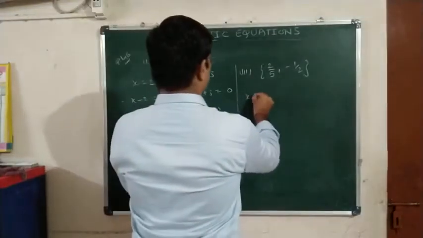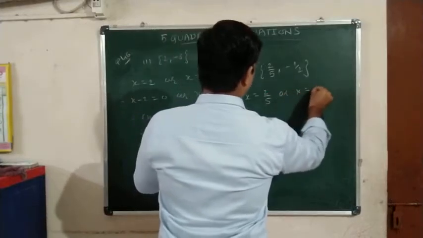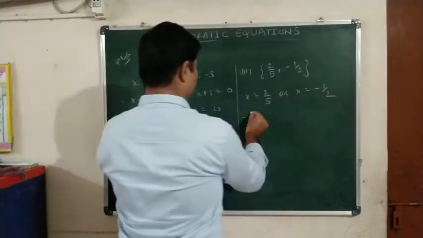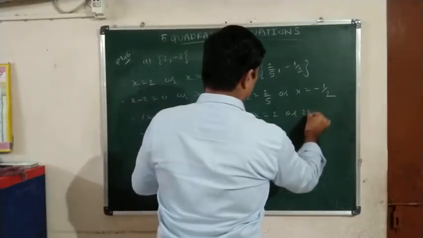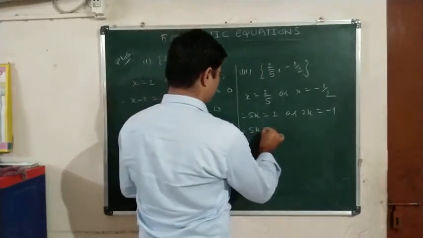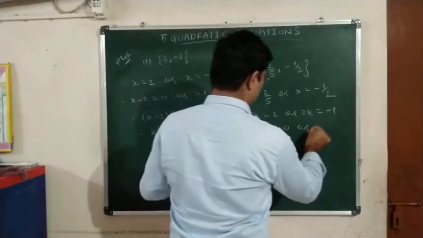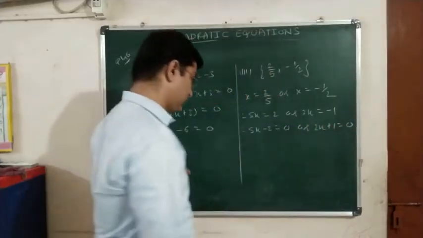Okay, again x is equal to 2 upon 5, or x is equal to minus 1 by 2. Therefore 5x is equal to 2, or 2x is equal to minus 1. Therefore 5x minus 2 is equal to 0, or 2x plus 1 equals 0.